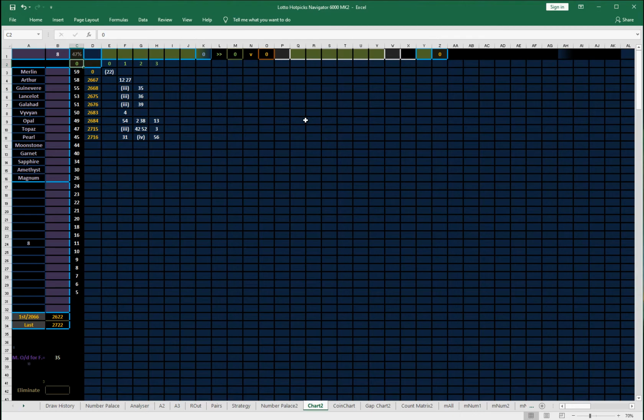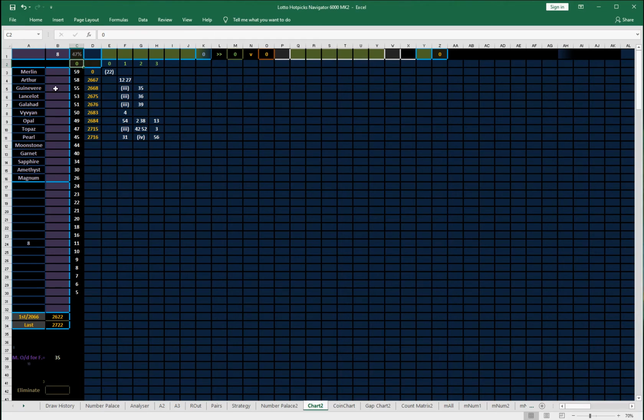So for instance, I could look at this one. It'll tell me which 3 numbers it is. So all the information is there, you just can't always see it.